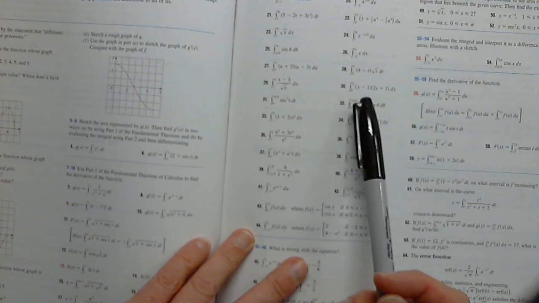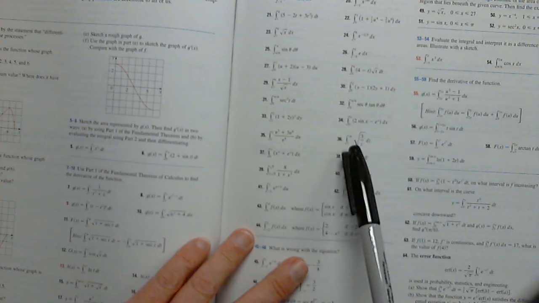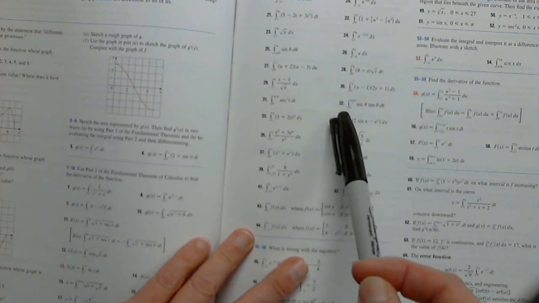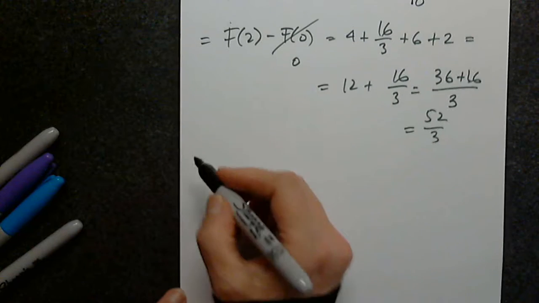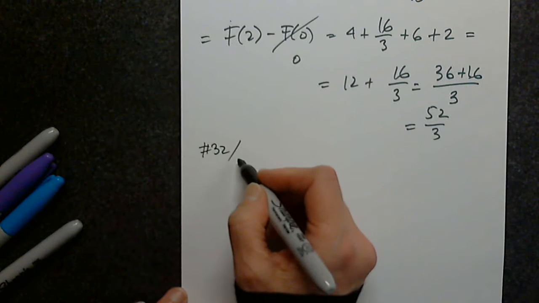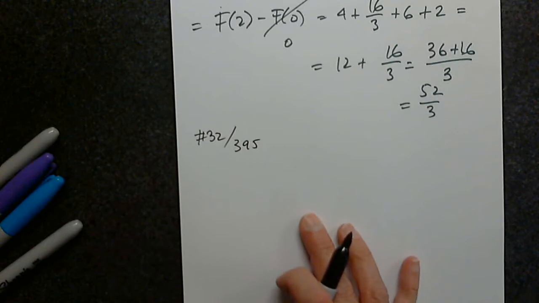Okay, so let's choose. Allow me to choose first. Okay, I would like to choose, yes, 32. 32 as our first example. 32 on page 395.